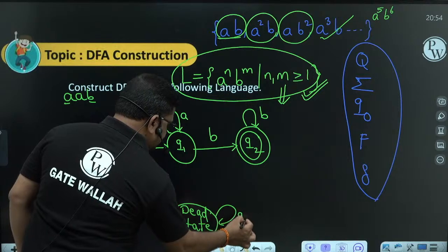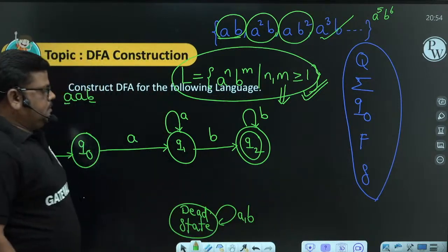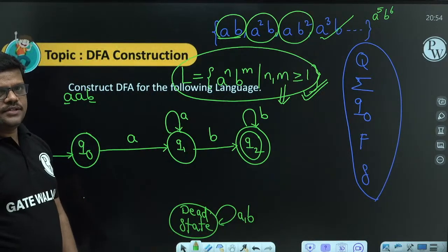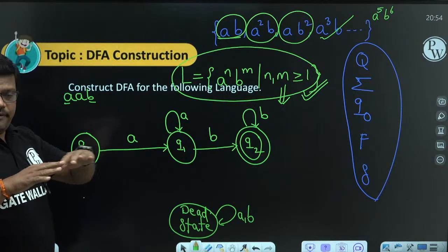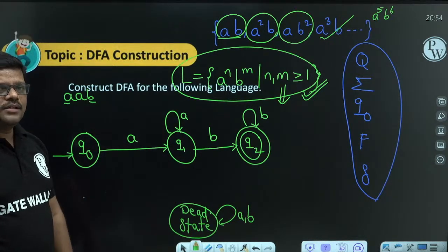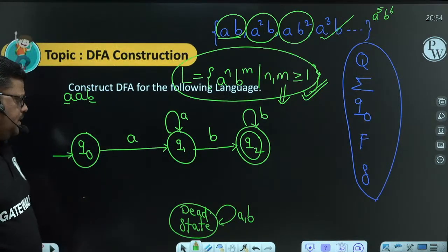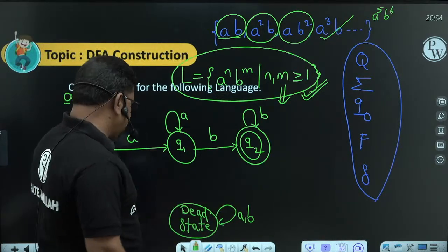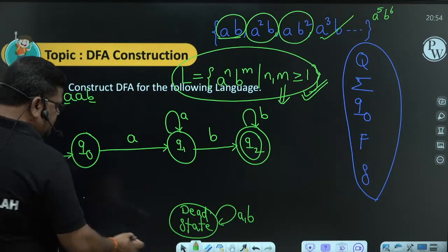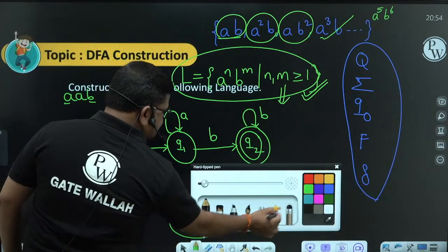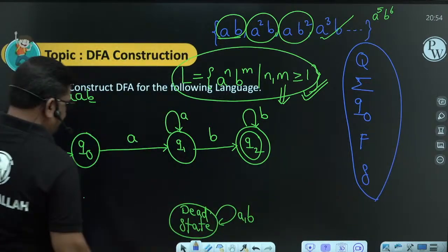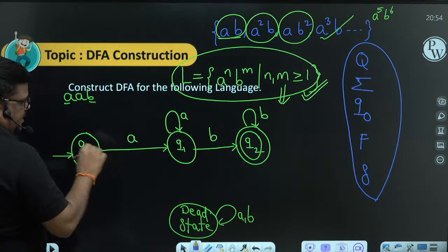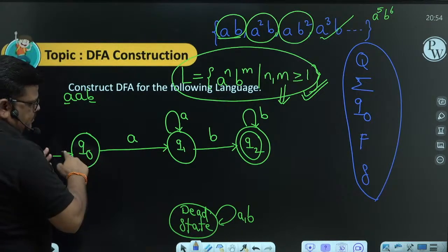Now this is our dead state. What is a dead state? Even though it is a valid automata but not satisfying the definition of our DFA, then add one non-final state with a self loop on all symbols. Then for the remaining symbols, whatever the missing transitions are, provide an edge to the dead state.